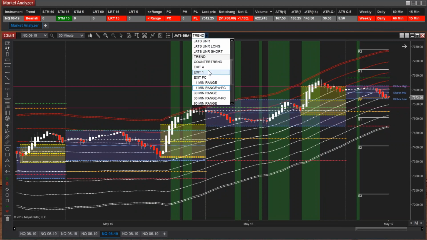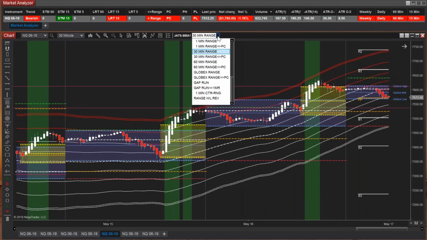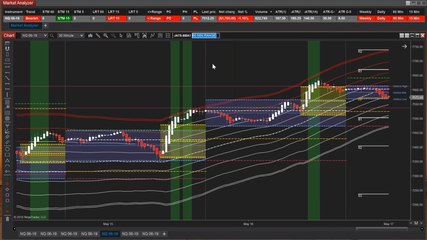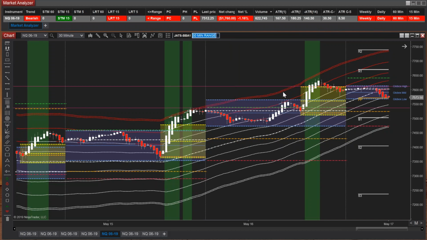So again, how to trade these is whether you're going to leave the 1 minute range, a 30-minute range, however you want to trade it, and or a 60-minute range. The 30-minute range is a very popular trading methodology, especially with a 30-minute chart.